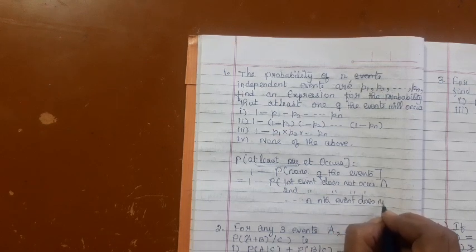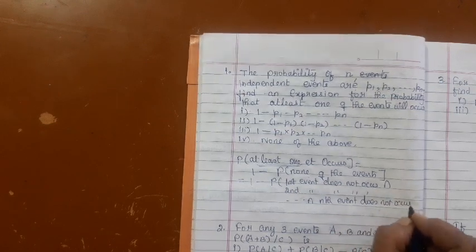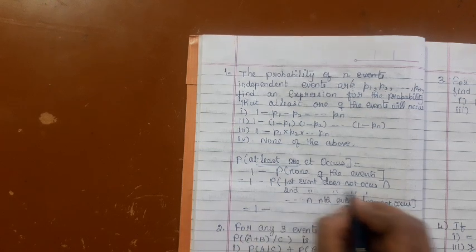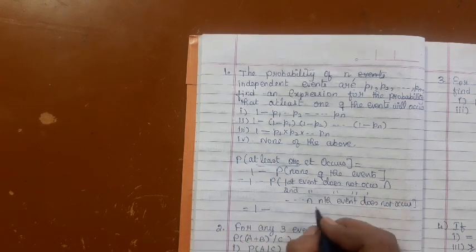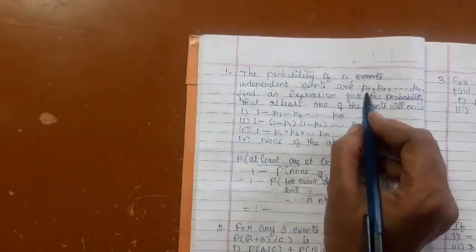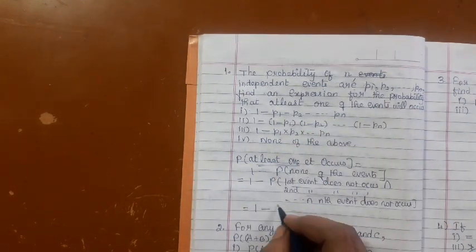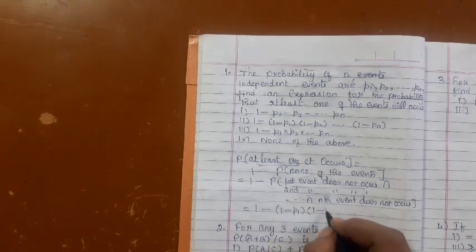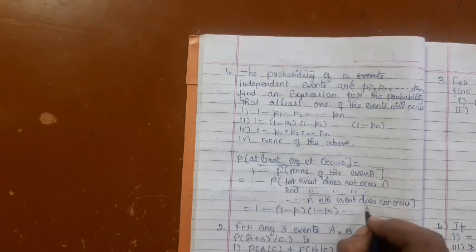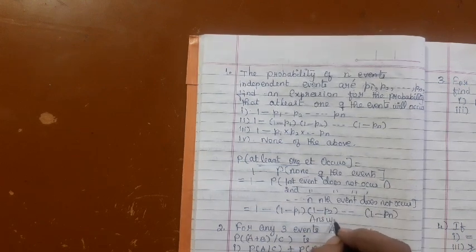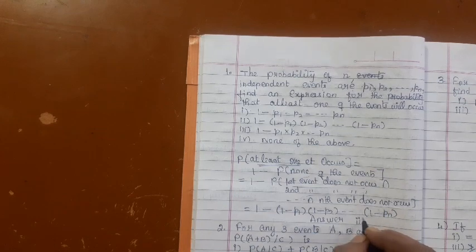Okay, this is equal to 1 minus, the events are independent, so you can multiply the individual probabilities. Probability that the event occurs is P1, so that it does not occur is 1 minus P1. Second event does not occur is 1 minus P2, 1 minus Pn. So the answer is the second option.